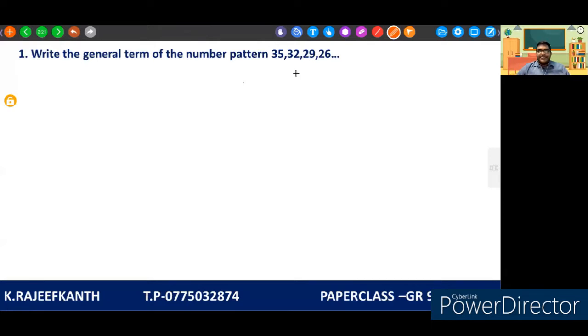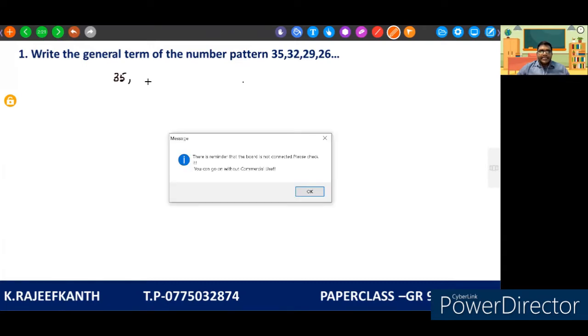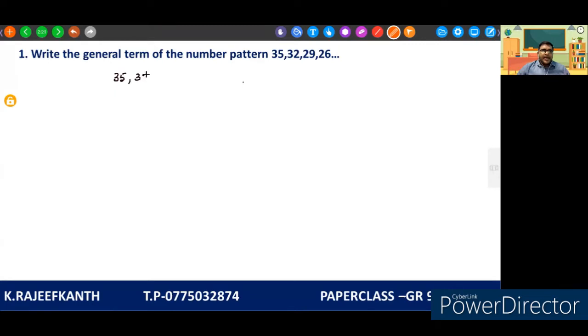Here, 35 is the first term. The second term is 32. And 29 and 26, and it is continuing, right? So we have to find the difference.